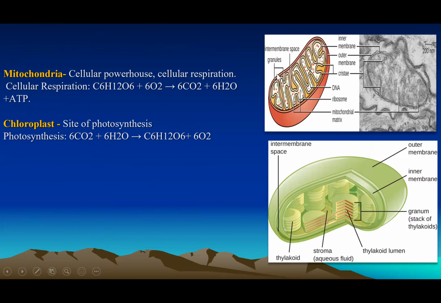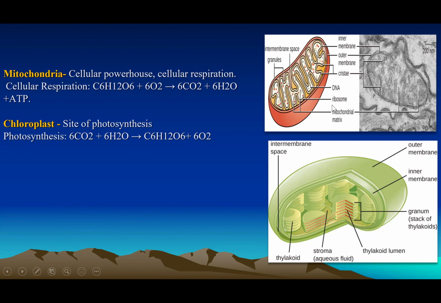Mitochondria is the seat of cellular respiration, or the powerhouse of the cell. This is where most of the energy is made in the cell. Sugars are broken down in the presence of oxygen in aerobic respiration to release carbon dioxide, water, and energy. So it happens in the mitochondria.